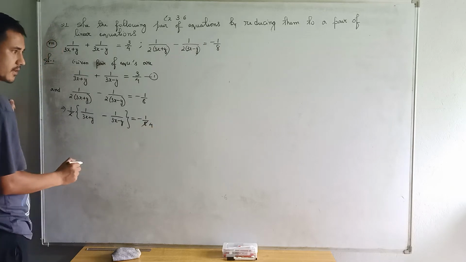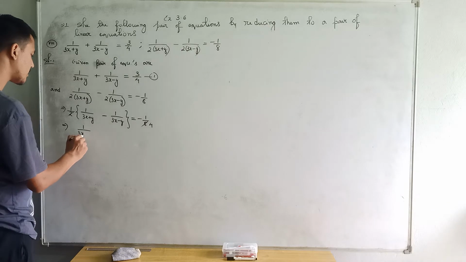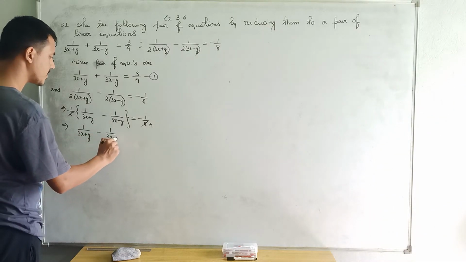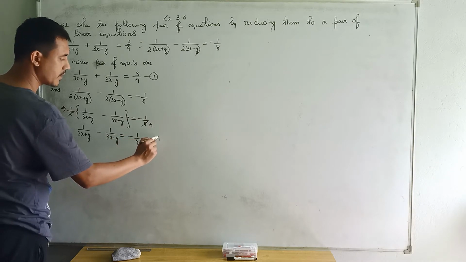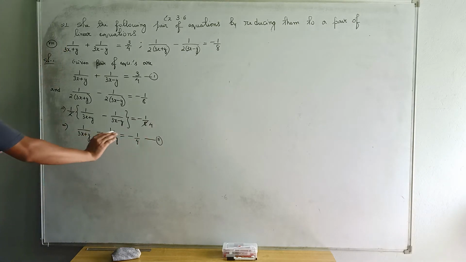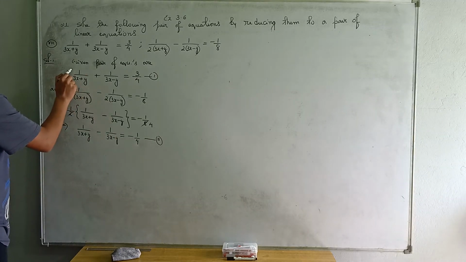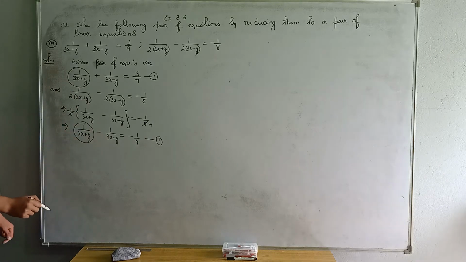2 4 times is 8. So we have 1 upon 3x plus y minus 1 upon 3x minus y is equal to minus 1 upon 4. Is it okay? So this is the simplest form we can reduce. Now, in equation 1 we have 1 upon 3x plus y, 1 upon 3x plus y.